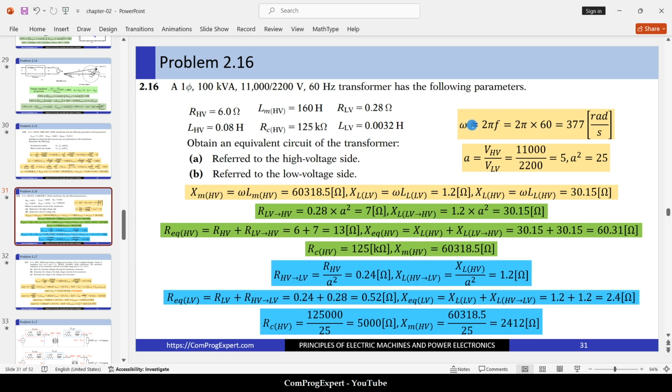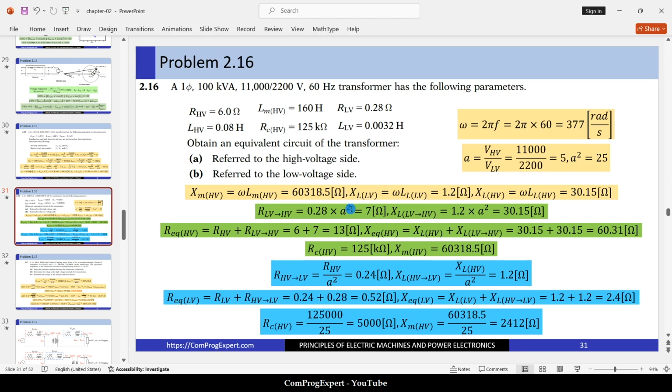The value of omega is equal to 2 pi times 60 hertz, the frequency of the transformer, 377 radian per second. And what is the value of the turns ratio? It is 11,000 divided by 2200, that is equal to 5. So a to the power 2 is 25.